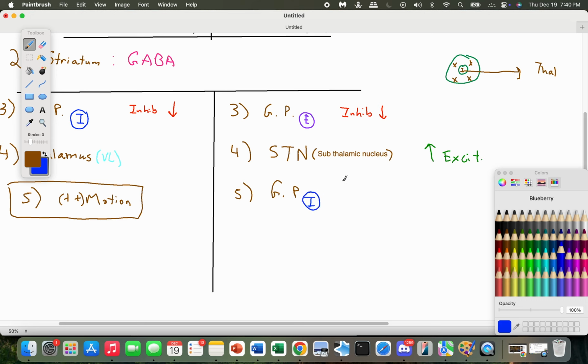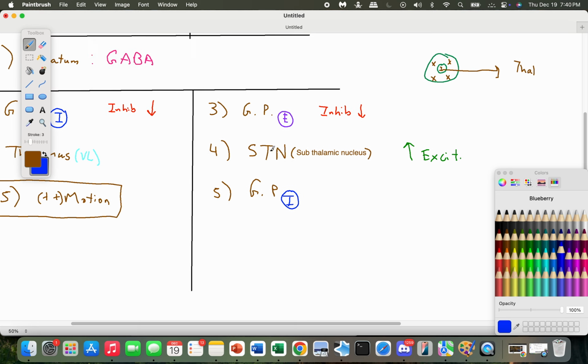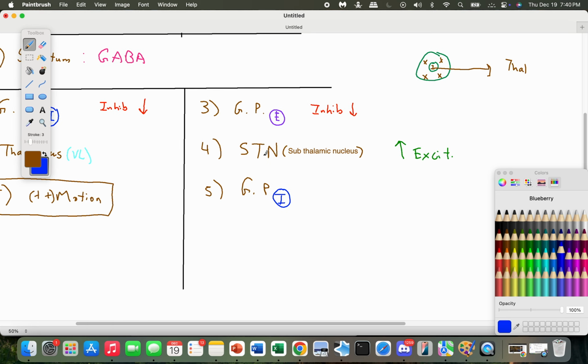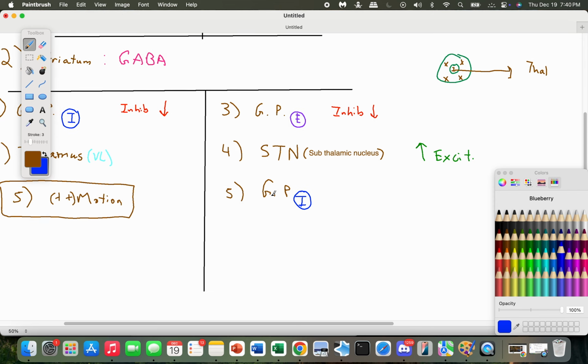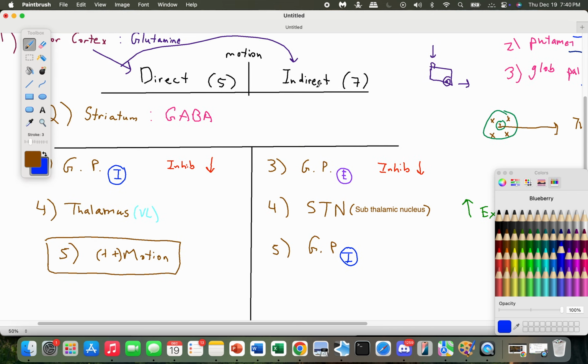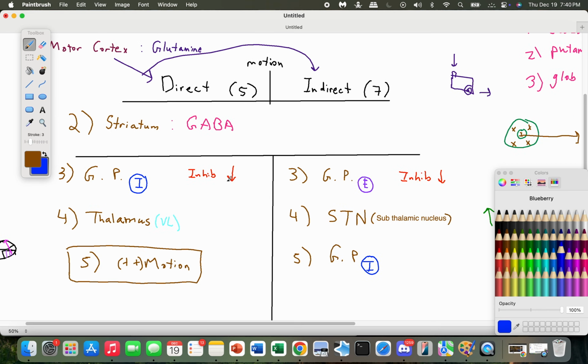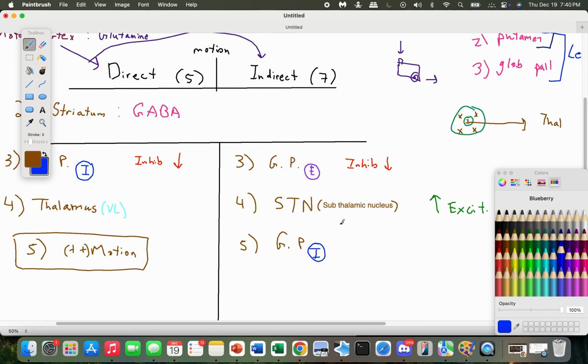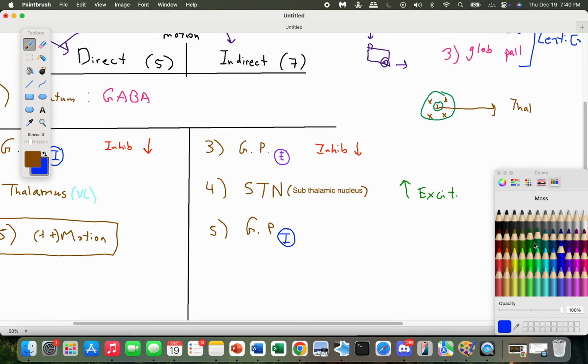Okay, so because we excited the subthalamic nucleus, which otherwise would be having inhibitory signaling, now we can interact with the GPI. And remember how the direct and indirect pathways are oppositional to each other? Well, that's kind of what's going to happen here. If before, on this side, we inhibited the GPI, well, now we get to excite the GPI.